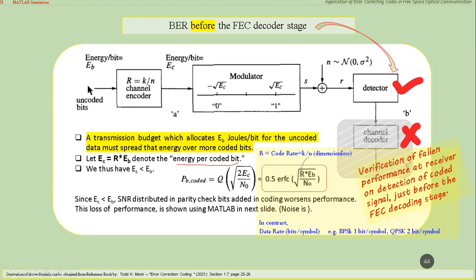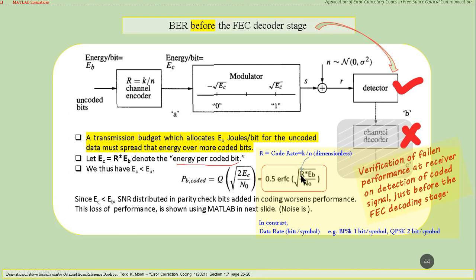So what I'm trying to say here is that after the channel encoder, when you have added the parity bits, redundant bits, they will use up the transmitter power and bring down the SNR. Bringing down the SNR will create more errors because there is not enough power for the bits now, because the power is now shared between bits. So let us say this is the code rate. It was 1 before.